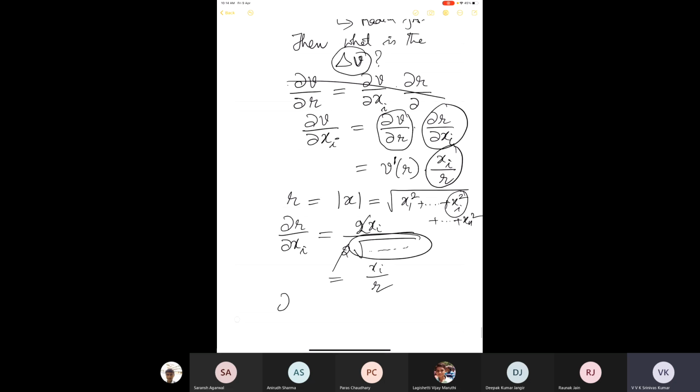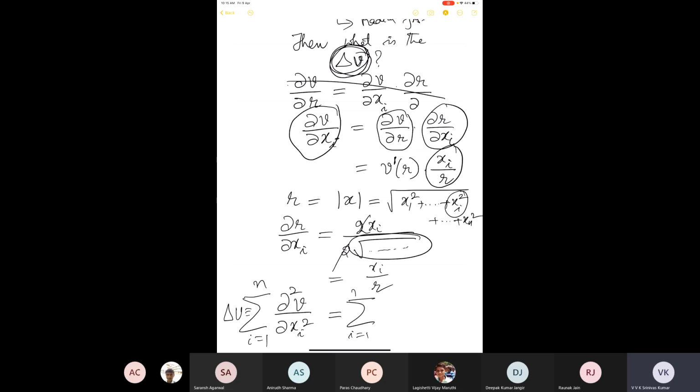Now do a second derivative, del square v upon del xi square, because the Laplacian of v is the summation of i equal to 1 to n of this. So do another derivative with respect to xi. Again you have this function, so use the product rule.